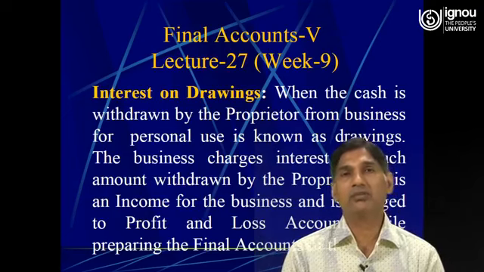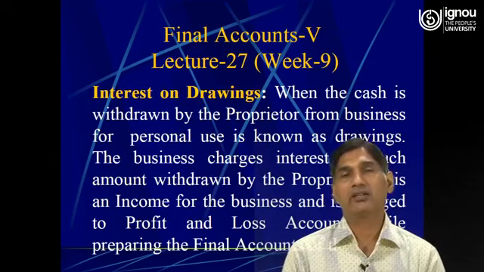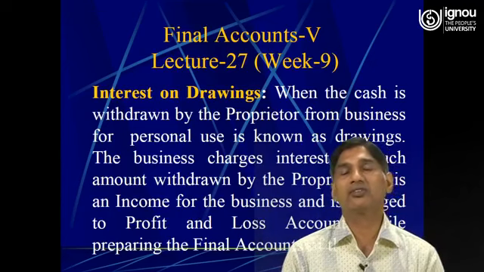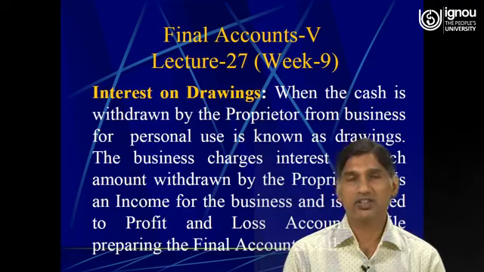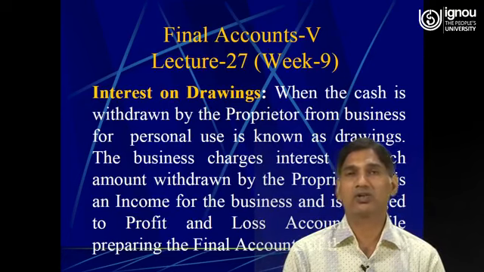Since this information is provided outside the trial balance as additional information, it will have an impact on the financial statements at a minimum of two places. The first is that interest on drawing, being an income for the business, is shown on the credit side of the profit and loss account.